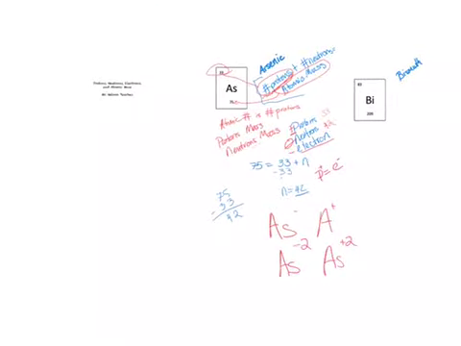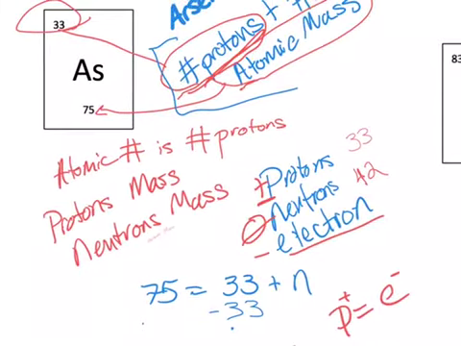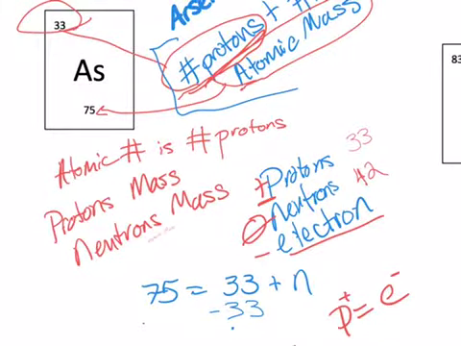Generally, you won't see any number over 3, but chemistry can get beyond what I will be able to teach you. So our protons equal our electrons. Our protons was 33, so our electrons are 33.